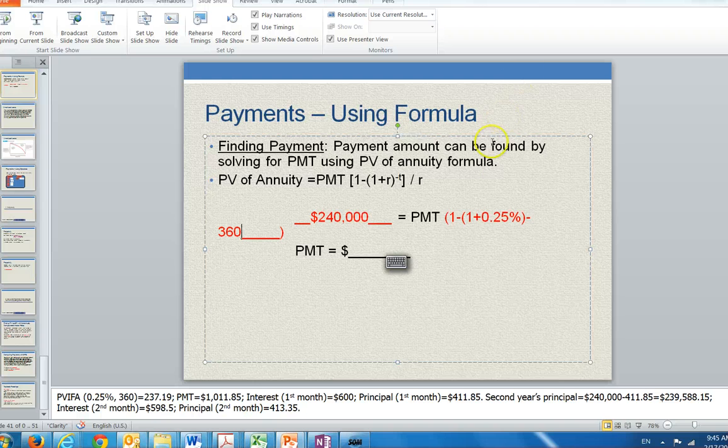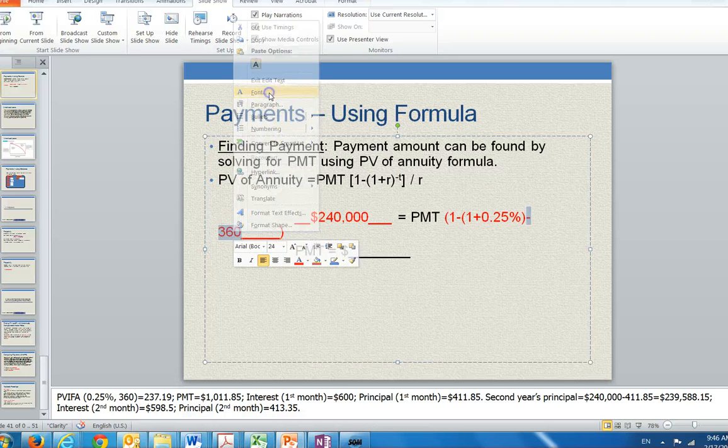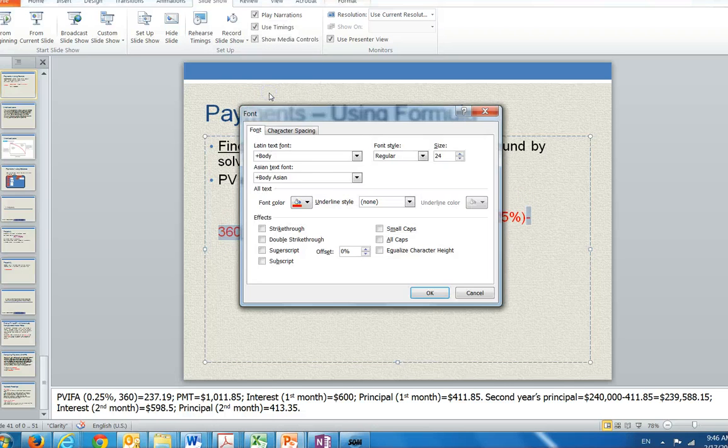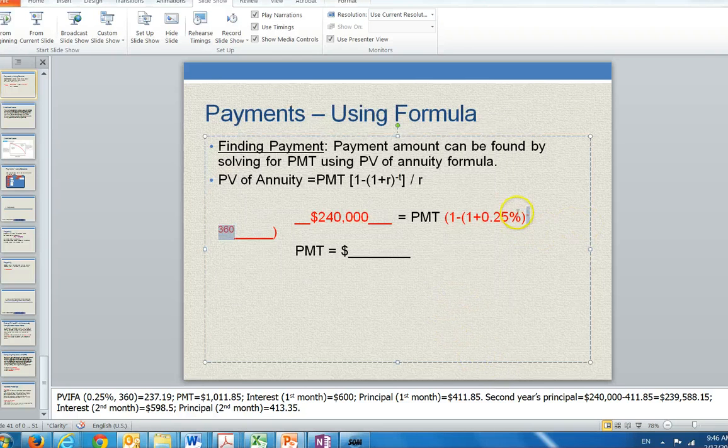Now I have to put this as the superscript. You shouldn't confuse that, so let me put parentheses so you may have less trouble understanding it.